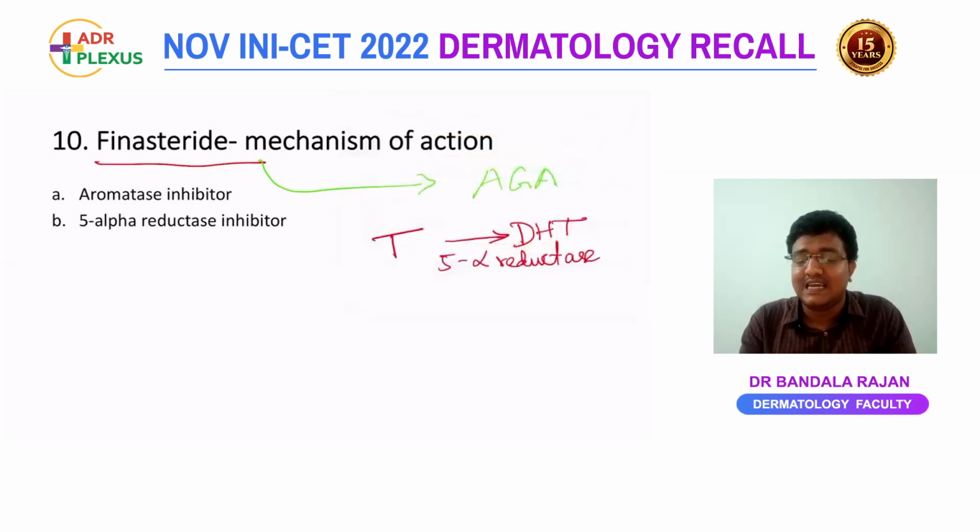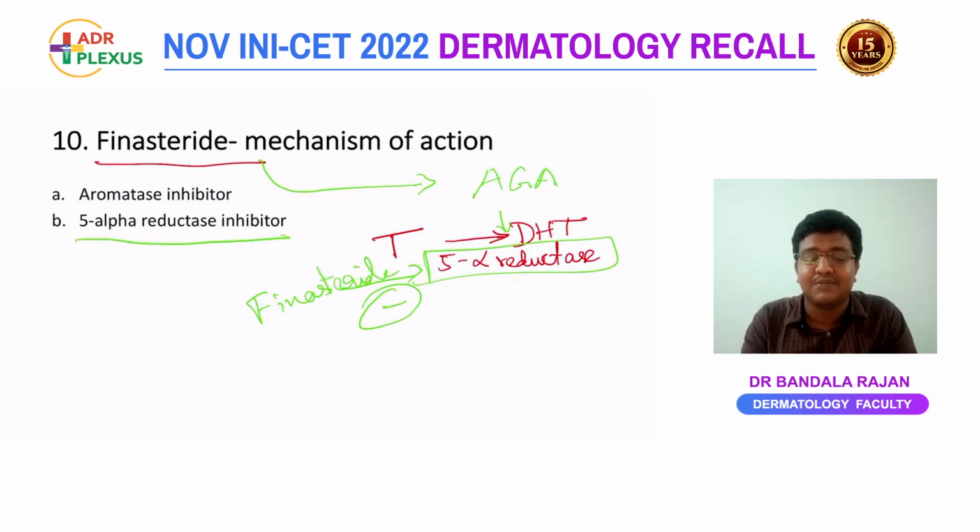Finasteride helps in androgenetic alopecia by inhibiting 5-alpha reductase. So less dihydrotestosterone is produced, and there is less possibility of hair fall. So the answer here is 5-alpha reductase inhibitor. Finasteride is a 5-alpha reductase inhibitor.